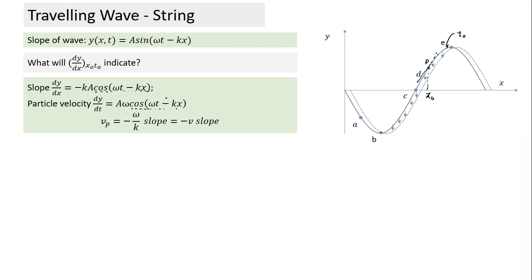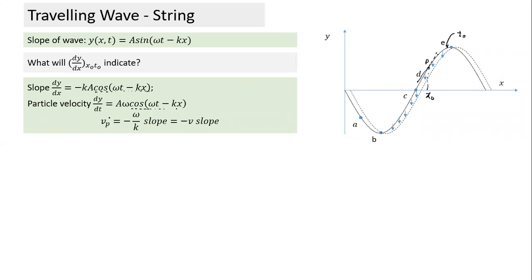From here, this is the particle velocity, so I can write it in terms of slope. If I substitute the value of a cos omega t from the previous equation, particle velocity becomes minus omega by k into slope. And what is omega by k? Omega by k is nothing but the speed of the wave.